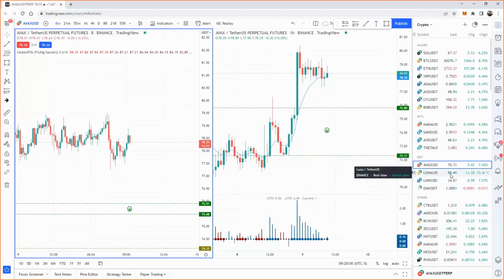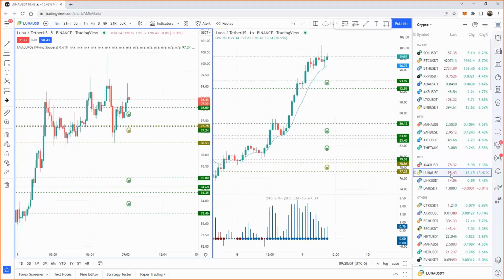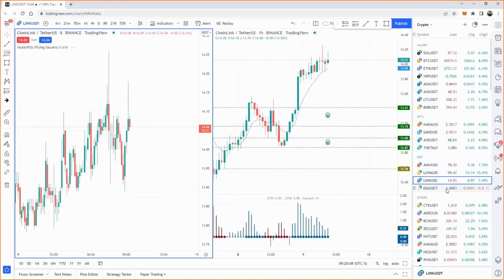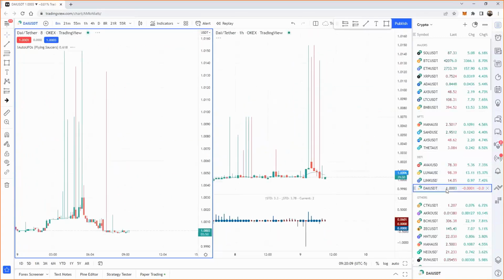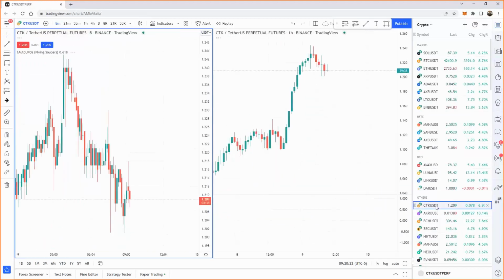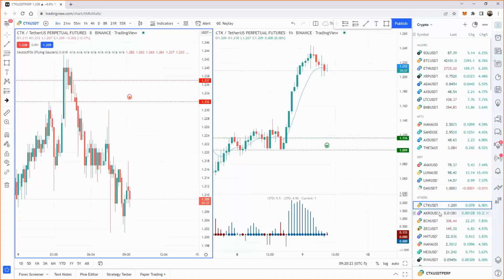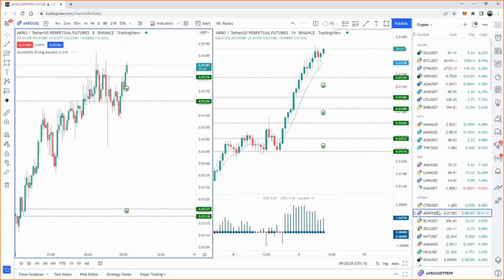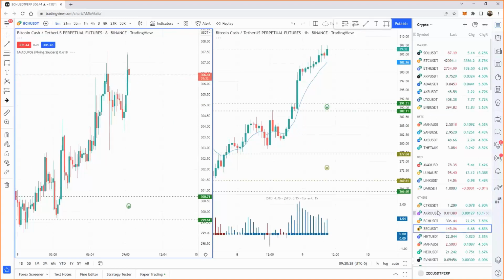I thought we might be close to something, but we're not. Luna, overextended. Link, overextended. Dai. Whoa. A lot of movement back and forth, but I think this is just a stable coin at this point. And these are just really overextended.